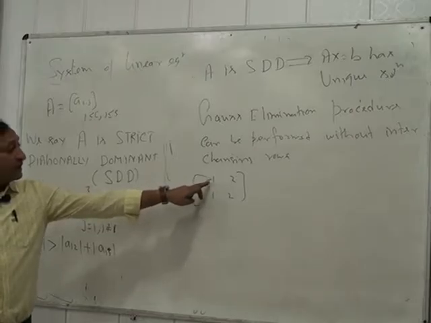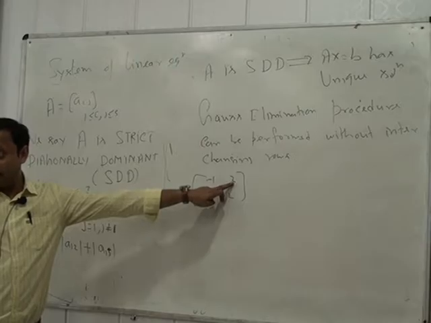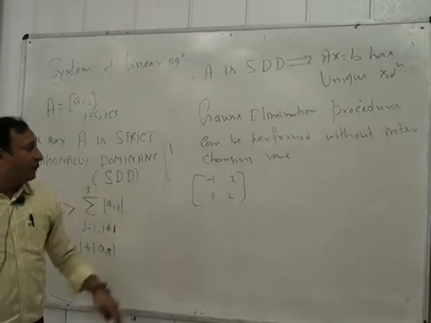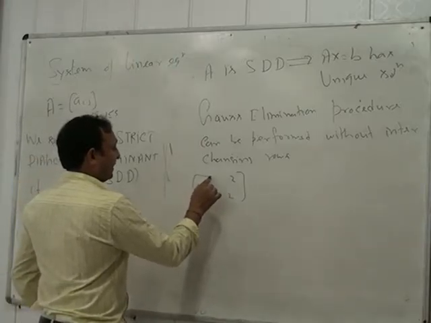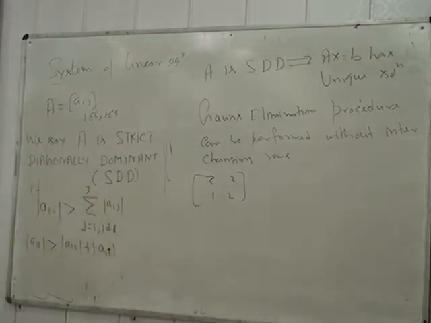No, because this number is less than this number. You understand? But if you make it 3, then the answer is yes. Okay, this is what SDD is. We have one more, I will tell you later.